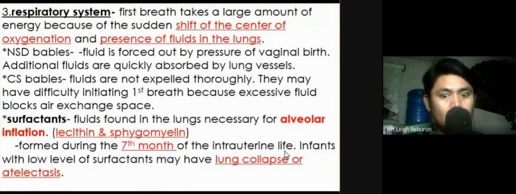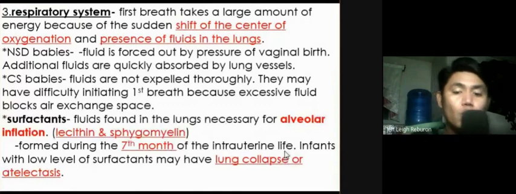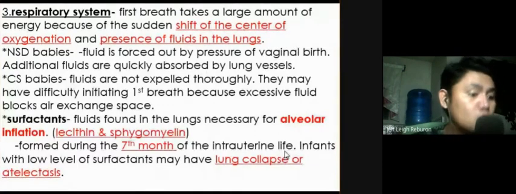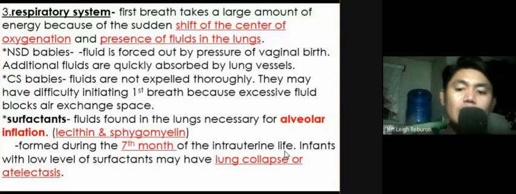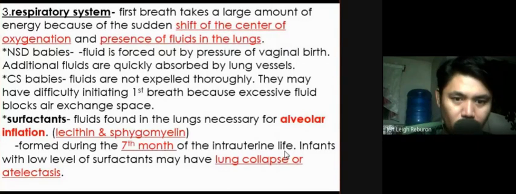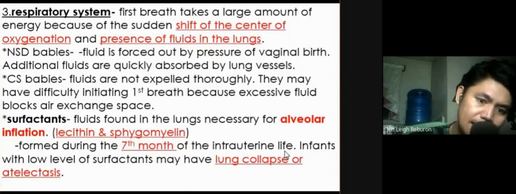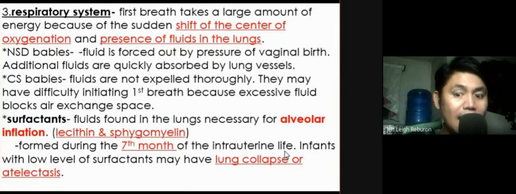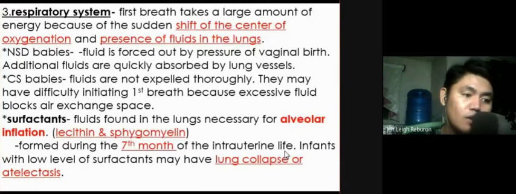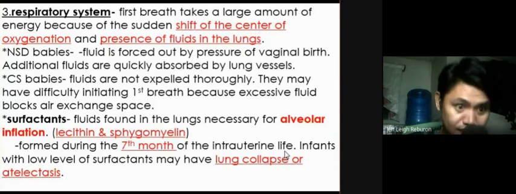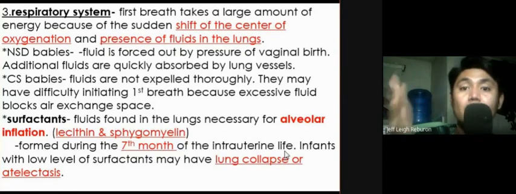Kaya nga po, yung mga bata na premature, na pinapanganak before 7 months, ang mangyayari, namamatay sila. Bakit sila namamatay? Because of lung collapse or atelectasis. Bakit nagkakaroon ng lung collapse or atelectasis? Because of the lack of surfactant.